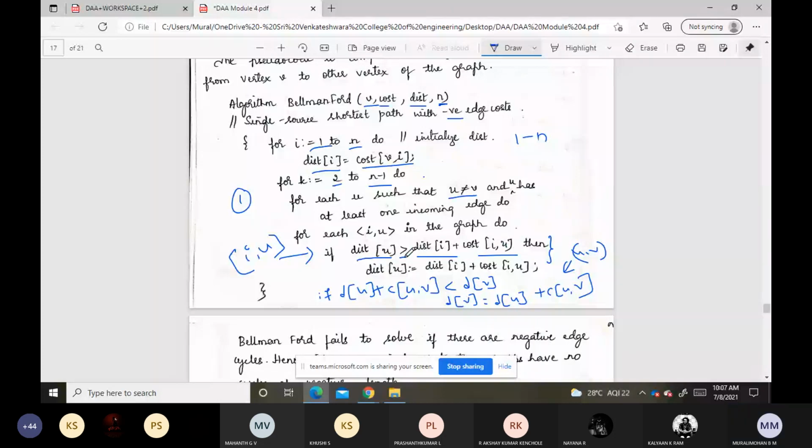Both are the same, so don't be confused by this. Yesterday we considered the edge as u comma v, whereas this algorithm considers it as I comma u, except that the logic is the same. Clear?